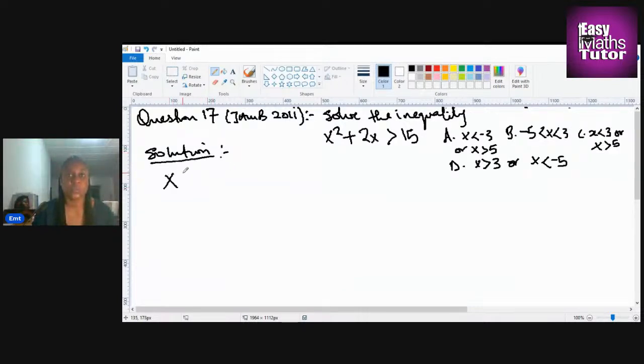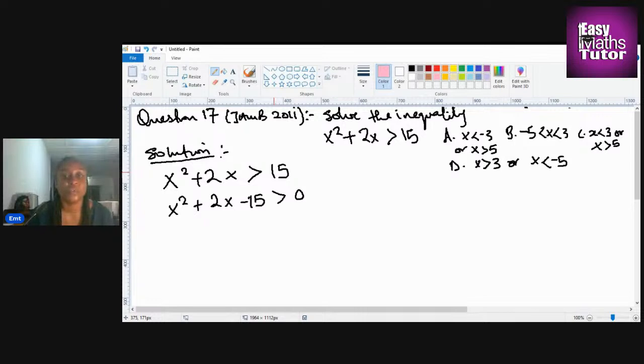So, quickly jumping straight into the solution. Write out the problem: x squared plus 2x greater than 15. We're going to solve this like an equation, as the greater than sign is treated like an equal sign. So we'll say x squared plus 2x minus 15 greater than 0. We remove 15 across, leaving us with -15 on the other side.